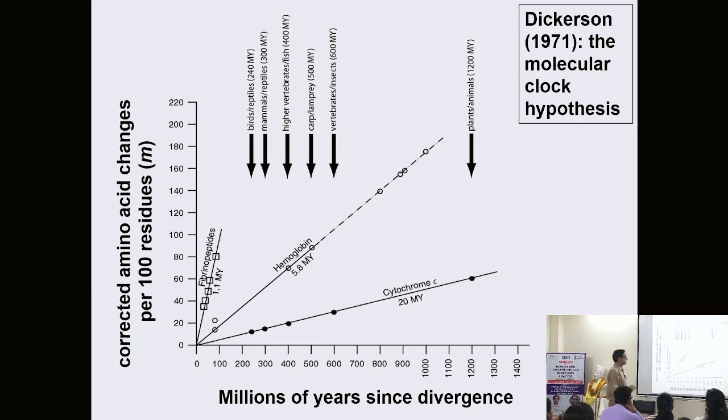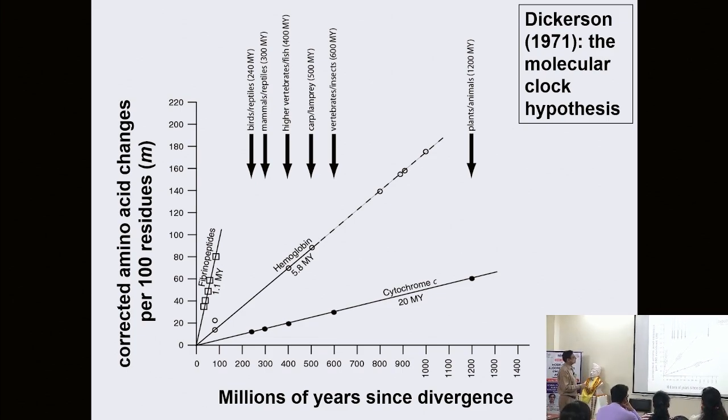Let's see next. This is for vertebrates and insects. Vertebrates and insects shared their last common ancestor 600 million years ago.